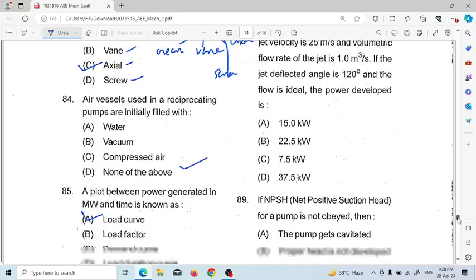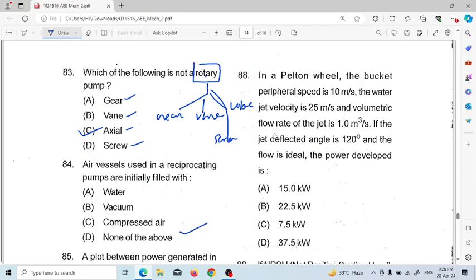Next, question number 88. In a Pelton wheel, the bucket peripheral speed is 10 meter per second, water jet velocity is 25 meter per second, and volumetric flow rate of the jet is 1 meter cube per second. If the jet deflection angle is 120 degree and the flow ideal, the power developed. We know the power developed is rho Q (V minus u)(1 plus cos phi) u.